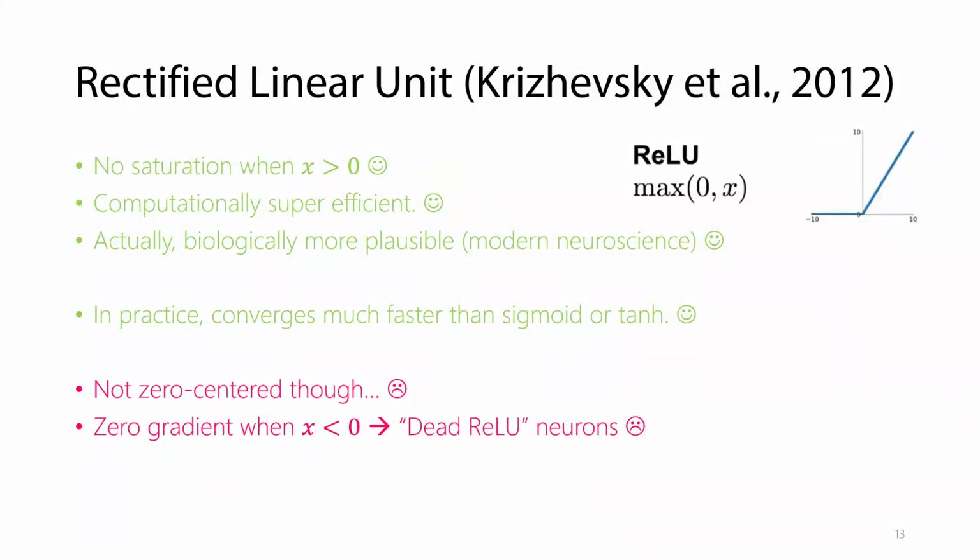It is also computationally super efficient. In terms of the actual practical implementation, if you're familiar with numerical analysis, you don't really do max(0, x). You just need to take a look at the sign bit of your variable. If you're familiar with the floating point representation, good; if you have no idea what I'm talking about, just believe me, you just need to check one bit as opposed to doing a complex computation.